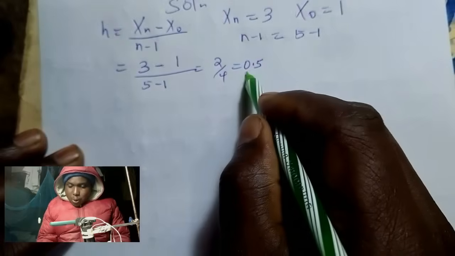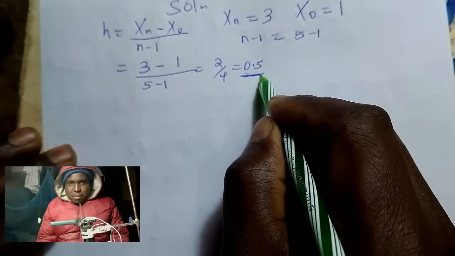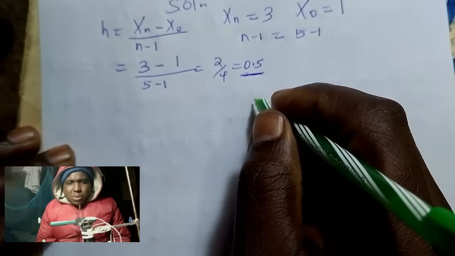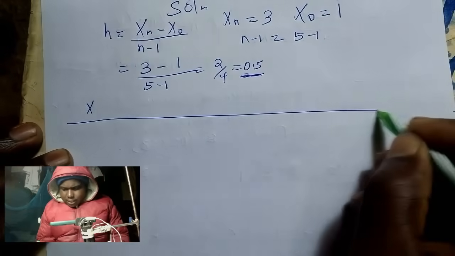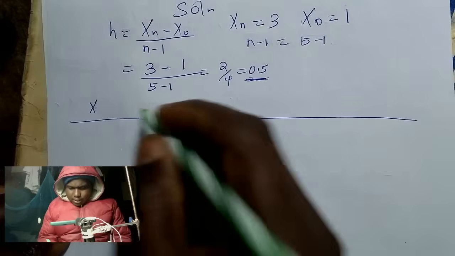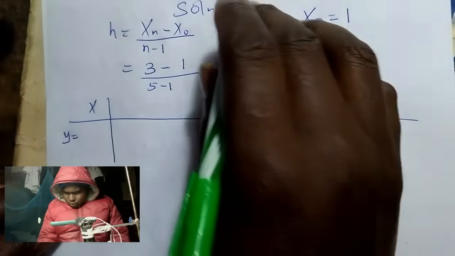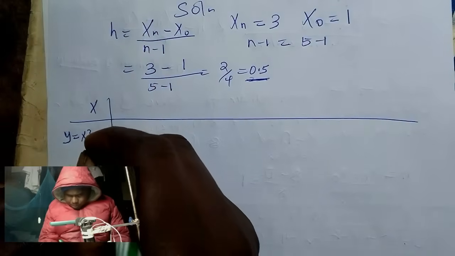Now this is our width and this is our h, which is going to guide us on how to draw the table. H is important because it guides how to draw the table. So the first thing you want to calculate is h. Then x, y is equal to x squared plus 4.